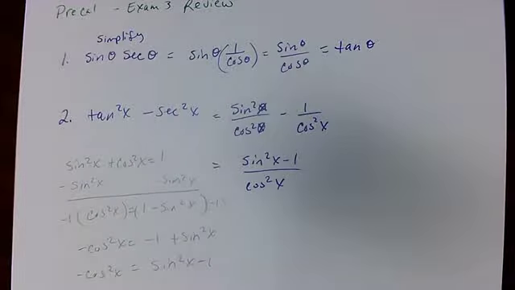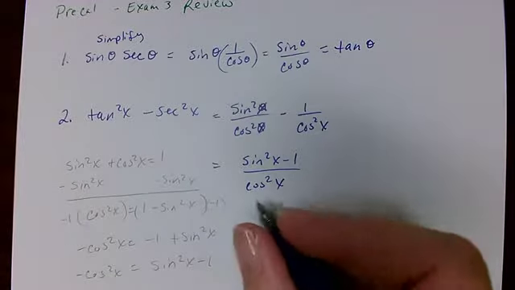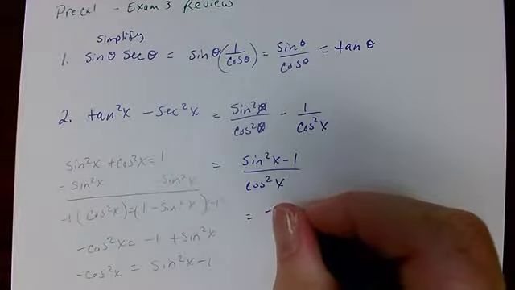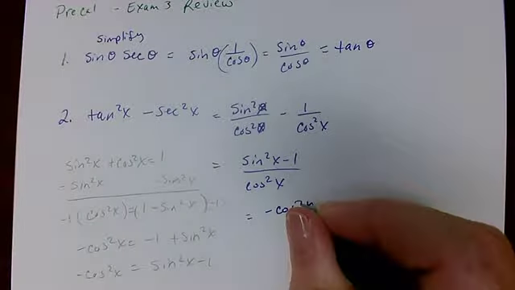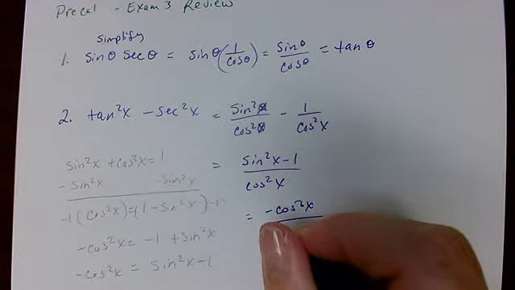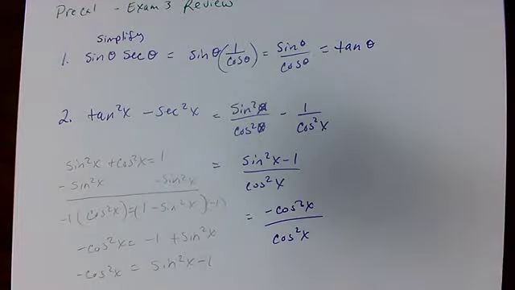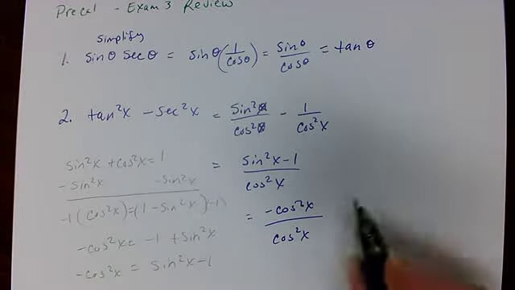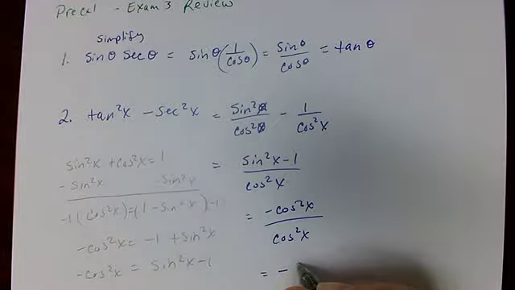So that tells me that my sine squared x minus 1 is equal to negative cosine squared x. So now I can say that this equals negative cosine squared x over cosine squared x. Well, negative cosine squared x over cosine squared x is the same thing as negative 1.